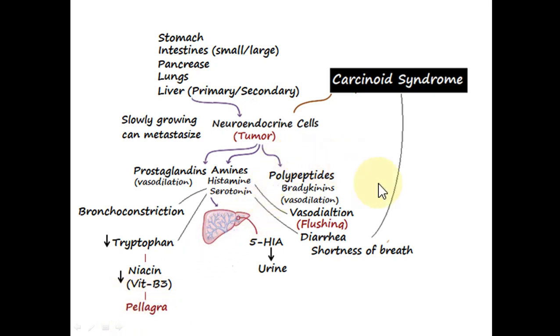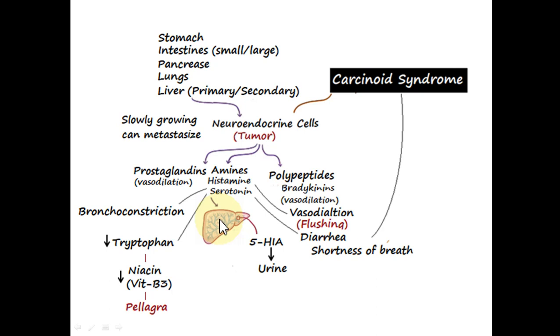The symptoms produced by the hormones secreted by the neuroendocrine cancerous cells will lead to the formation of carcinoid syndrome. We know that serotonin is taken up by the liver, but this will be the case only when the tumor doesn't occur in the liver.